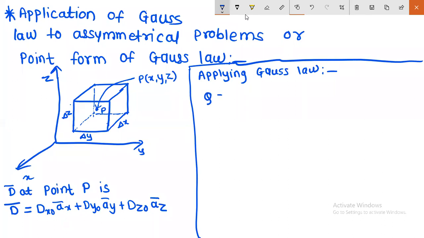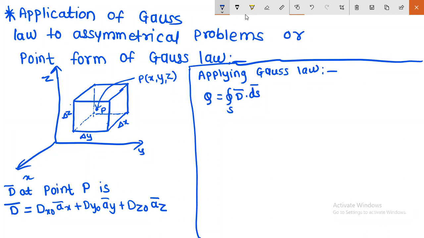In integral form, Q is equal to the closed surface integral of D bar dot dS bar, right? Now, this is the closed surface integral.